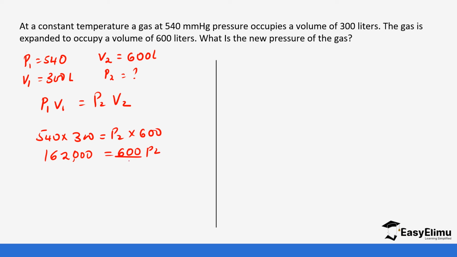We divide by 600 on both sides, you get 270, which is equal to P2. So this is going to be 270. Always remember to put it in the right units before you submit your answer. Let's do one more last question.